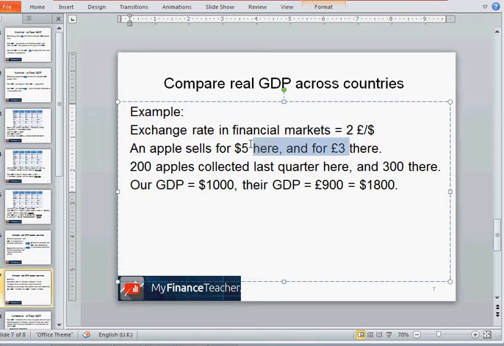As we see from this example, a pound can only buy 2/3 more than a dollar, whereas on the financial markets, the pound can buy $2. Because of this discrepancy, there are also discrepancies in the measurements of GDP, of real GDP values.